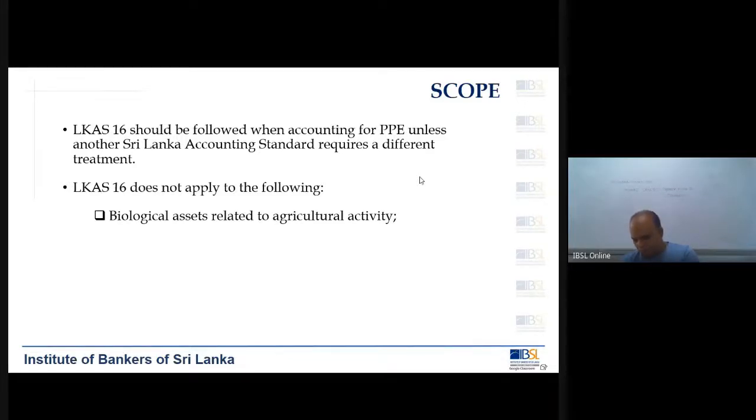Now, you know there are various types of businesses. For example, we looked at a trading business, and in a trading business, they will also have tables, chairs, likewise. Since we are in a bank, we know that we are also using various types of fixed assets. Now, what about a tea plantation?